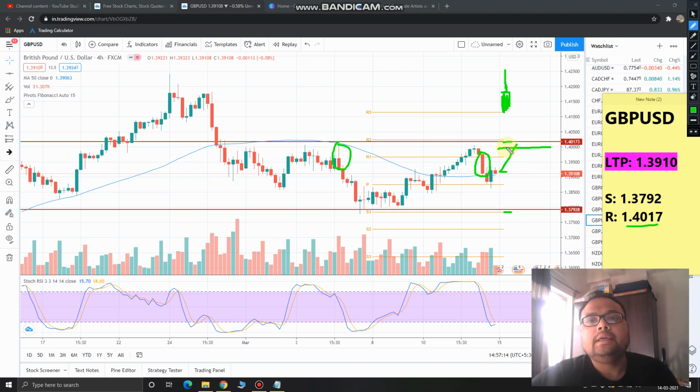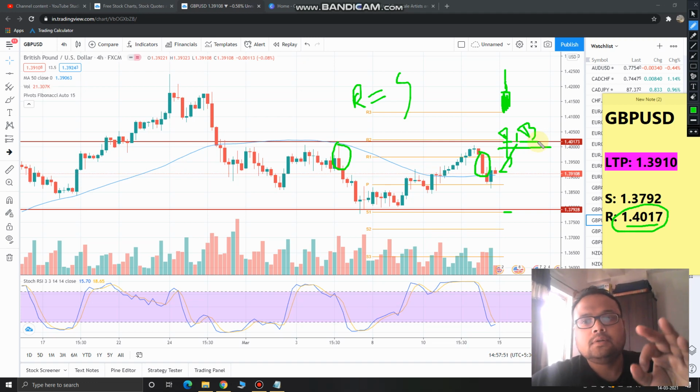In case market crosses this level comfortably, then also wait for 1 or 2 hours and just observe how the price is doing. If you see that price is trading comfortably above the resistance, easily trading above this 1.4017, then the resistance has become the support, and you can go ahead for a buy order above this line.